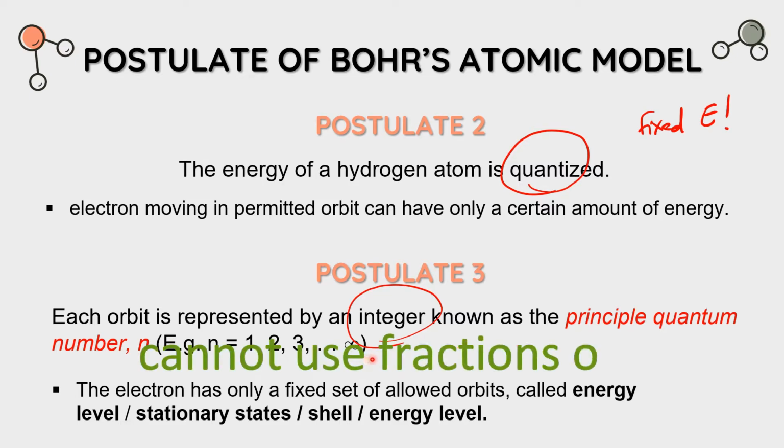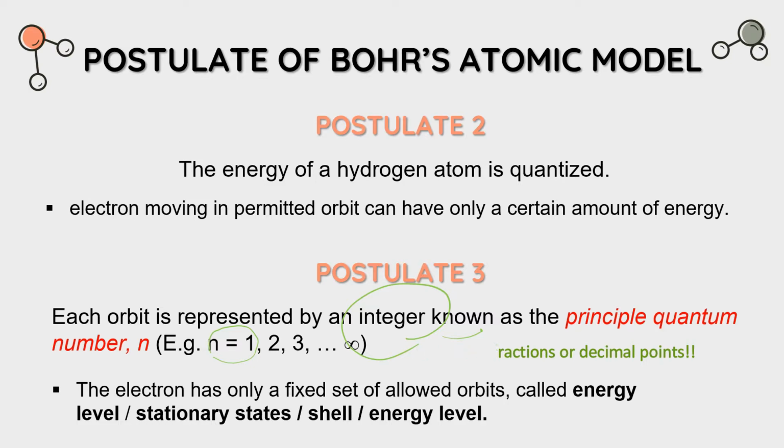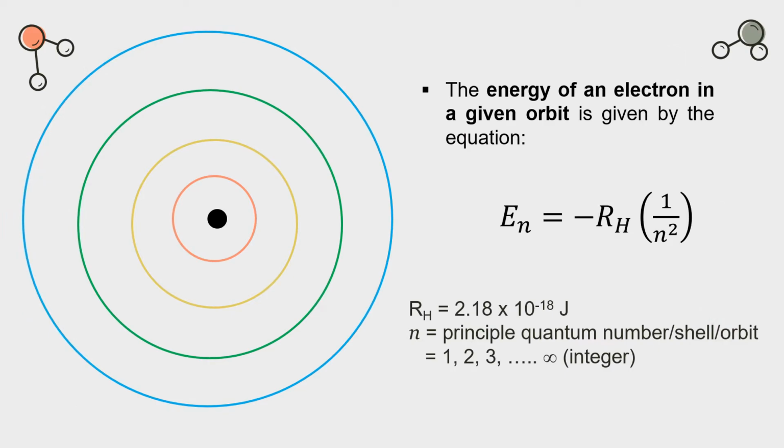You cannot use fractions or decimal points to label the orbit. The orbits can also be known as stationary states and shells. These are the orbits proposed in Bohr's atomic model.